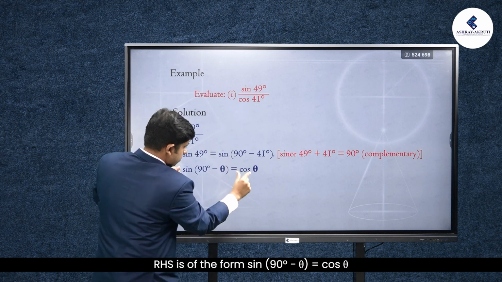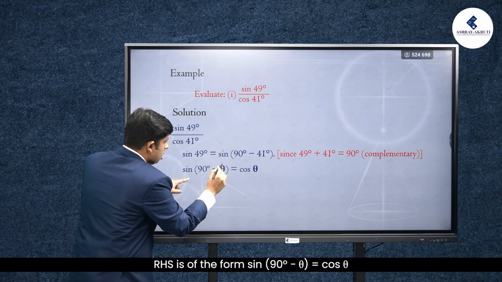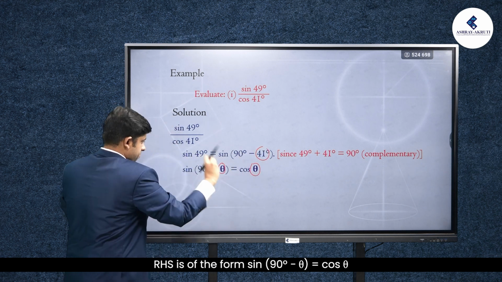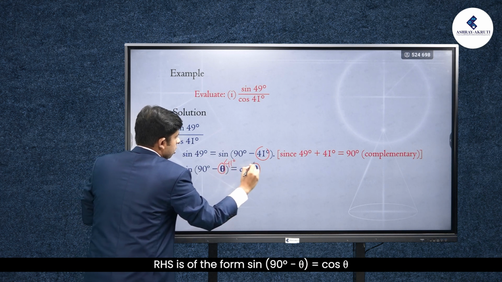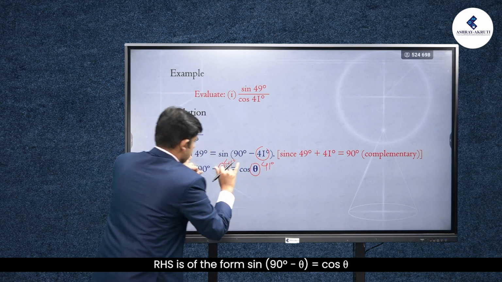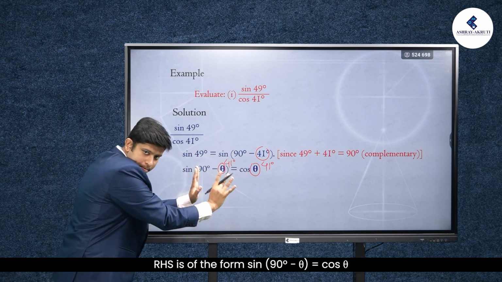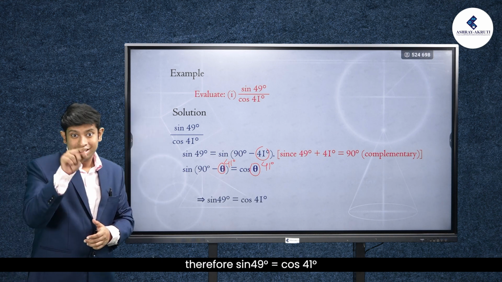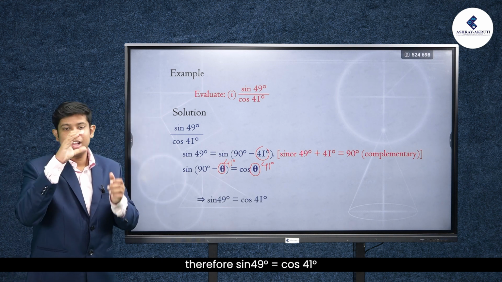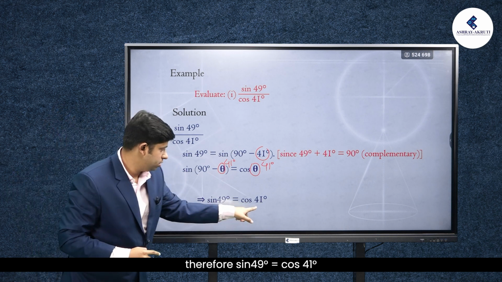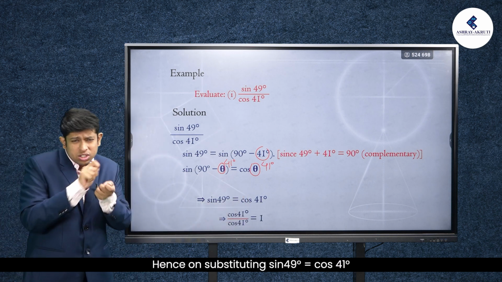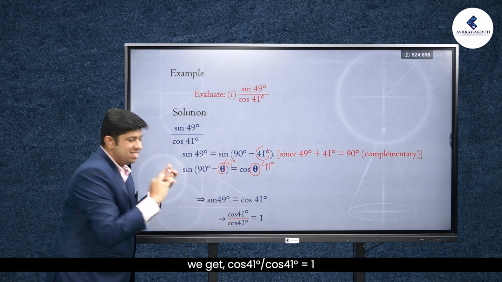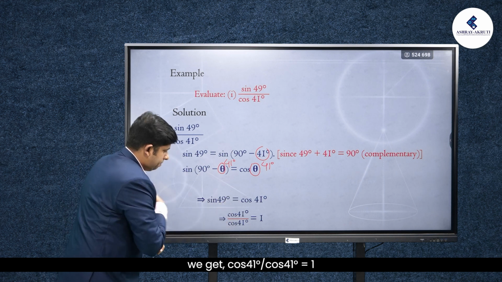RHS is of the form sin 90 degrees minus theta is equal to cos theta. Therefore, sin 49 degrees is equal to cos 41 degrees. Hence, on substituting, we get cos 41 degrees by cos 41 degrees is equal to 1.